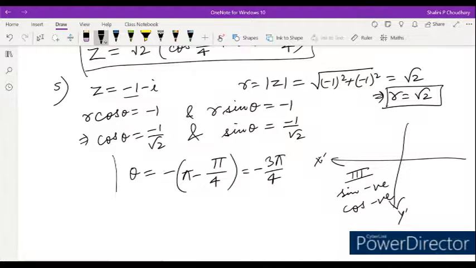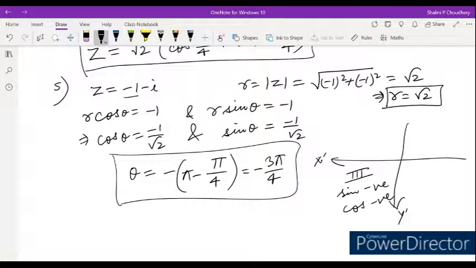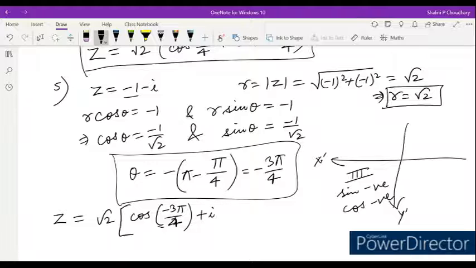Okay, now we got the value of theta, we got the value of r, so we can convert the complex number z in polar form. So z will be equal to r, that is square root of 2, cos theta, where theta is equal to -3 pi upon 4, plus i sin theta.